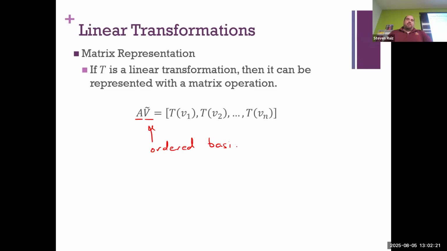So if I multiply that matrix A by this ordered basis, then what I get is basically a bunch of columns that are the transformation of each vector in the basis. So all these V1, V2, all the way up through Vn, these are the basis vectors of V tilde.